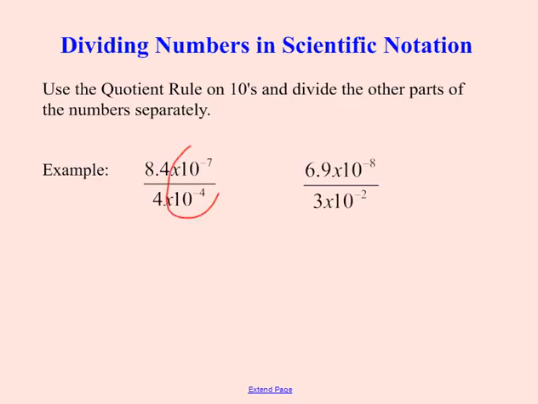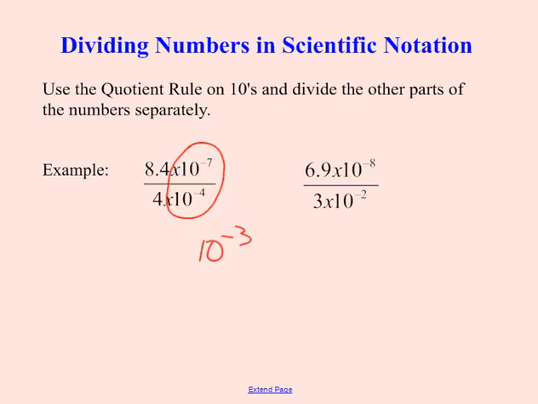So I'm going to use the quotient rule right here. Negative 7 minus a negative 4 is the same as negative 7 plus 4, which ends up at negative 3. So, we're going to end up with ten to the negative 3rd.